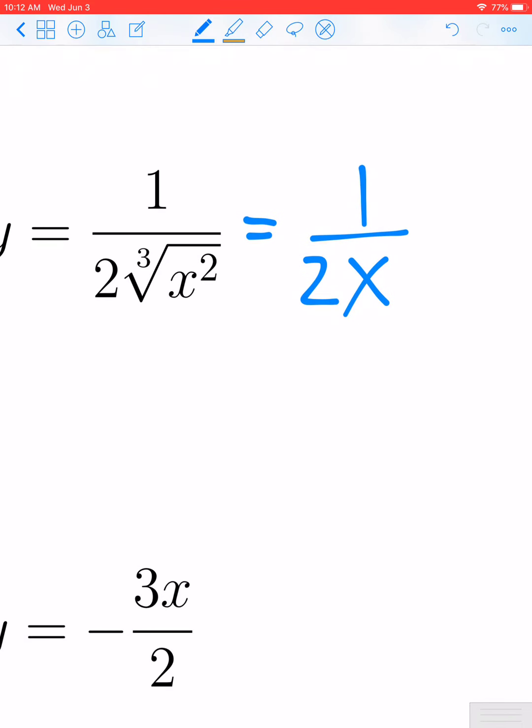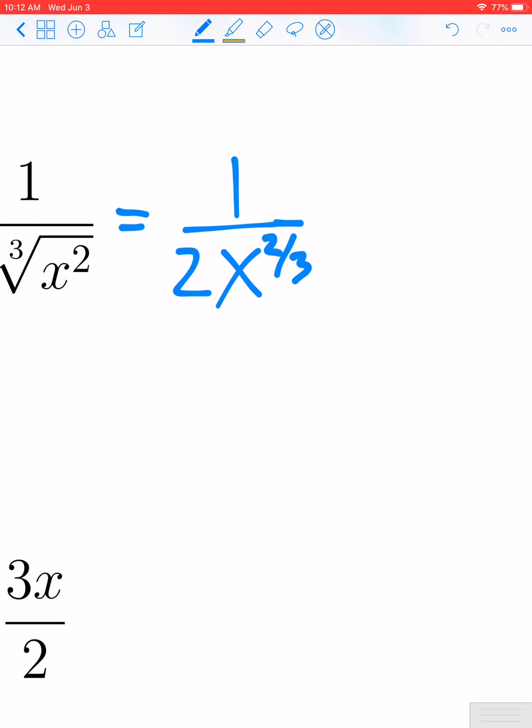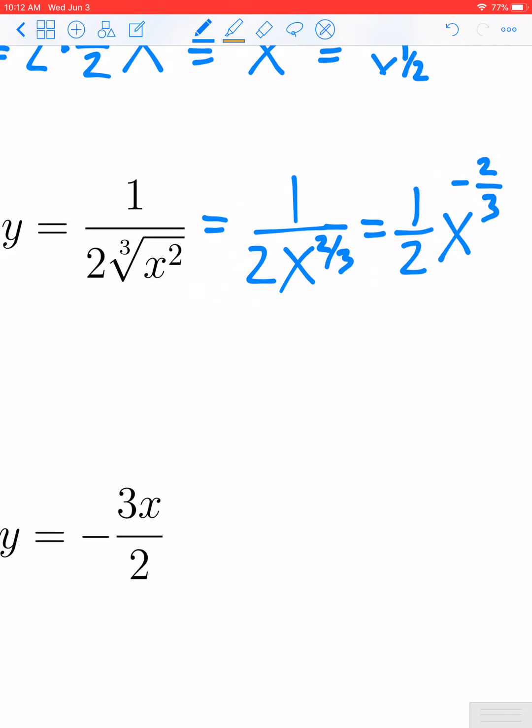The cube root of x squared would be the same thing as x to the 2/3 power. Presently, our x is in a denominator. We don't want x to be in a denominator. We want to have some power of x. So we can move that out of the denominator by making it a negative 2/3 power. So our original starting function is equivalent to 1/2 x to the negative 2/3.